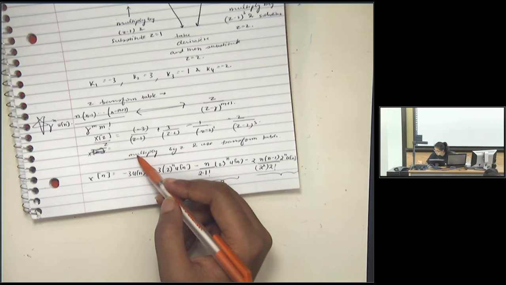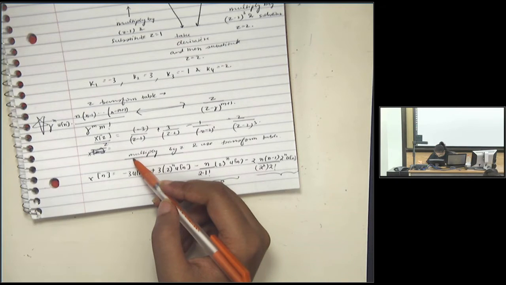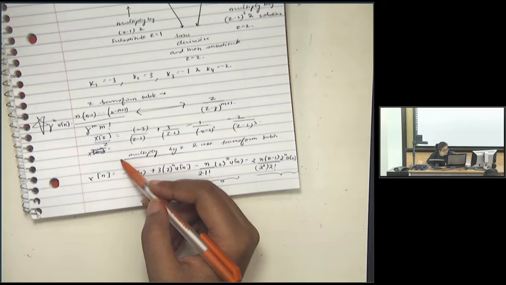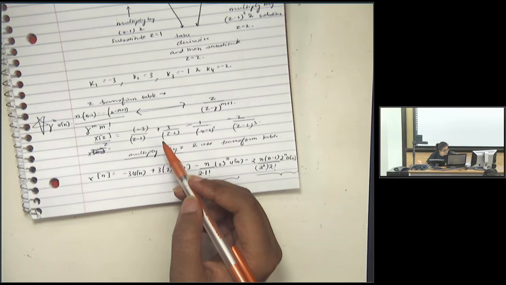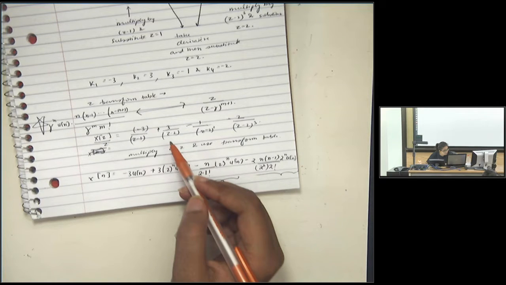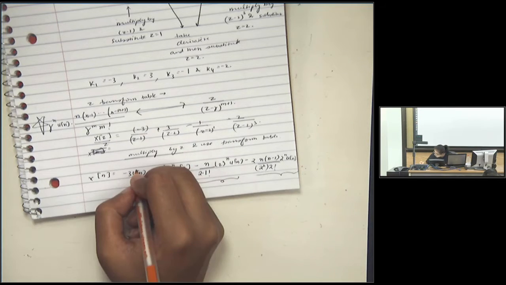Negative 3 u of n, z over z minus 1. That's what you'll get, right? Z over z minus, yeah, there has to be a 1 raised to power n.